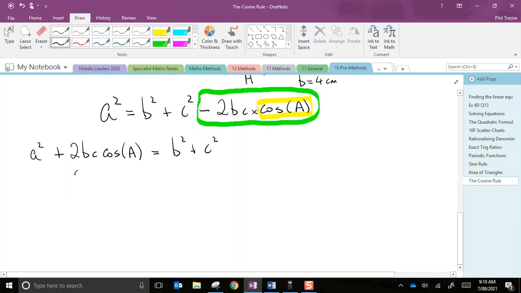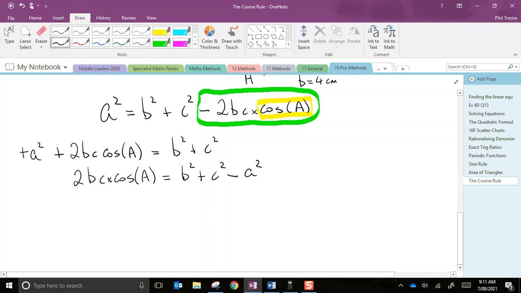Now I think I could leave the 2bc cosine of A where it is. The b squared plus the c squared is there. Remember, without anything written in front, that's automatically a positive a squared. So subtracting a squared will take care of that.